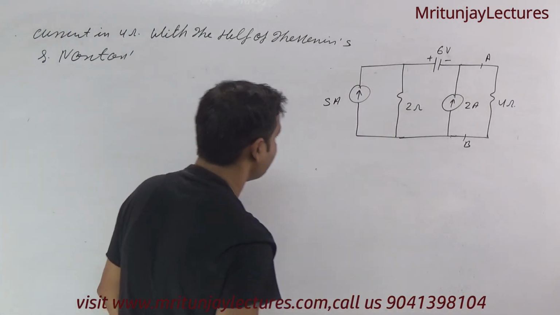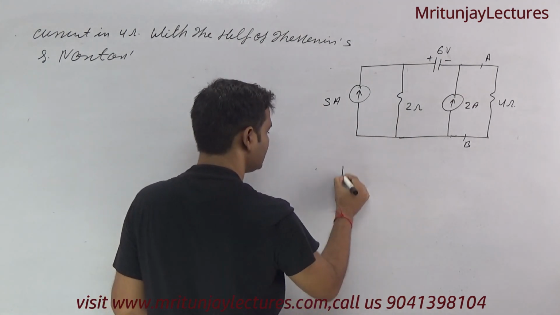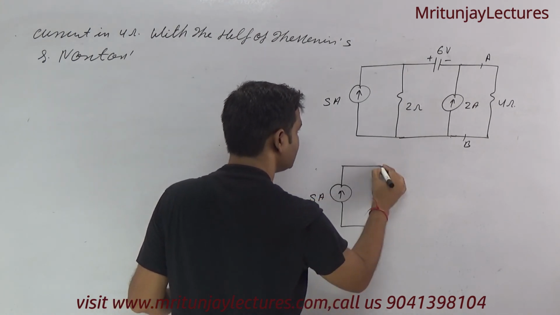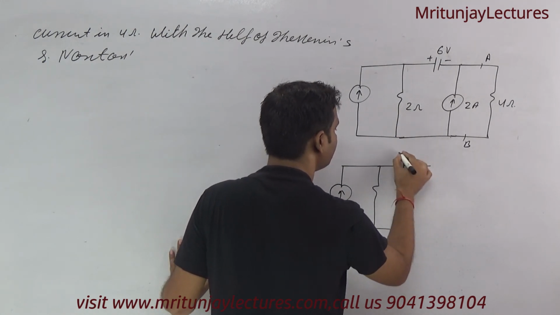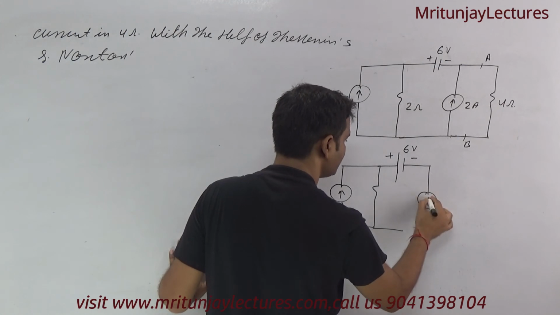So first of all, this one is 5 ampere, that is 2 ohm, very simple. Polarity plus minus 6 volt, and that is 2 ampere.